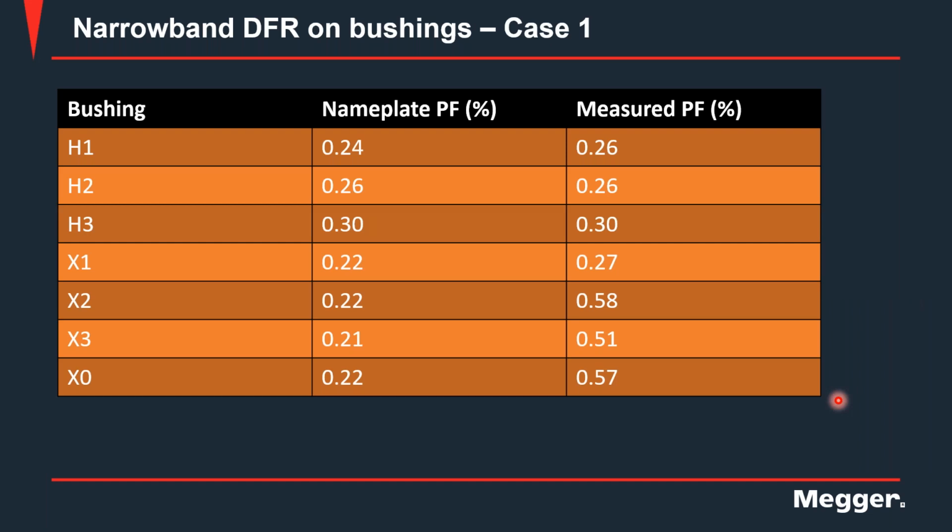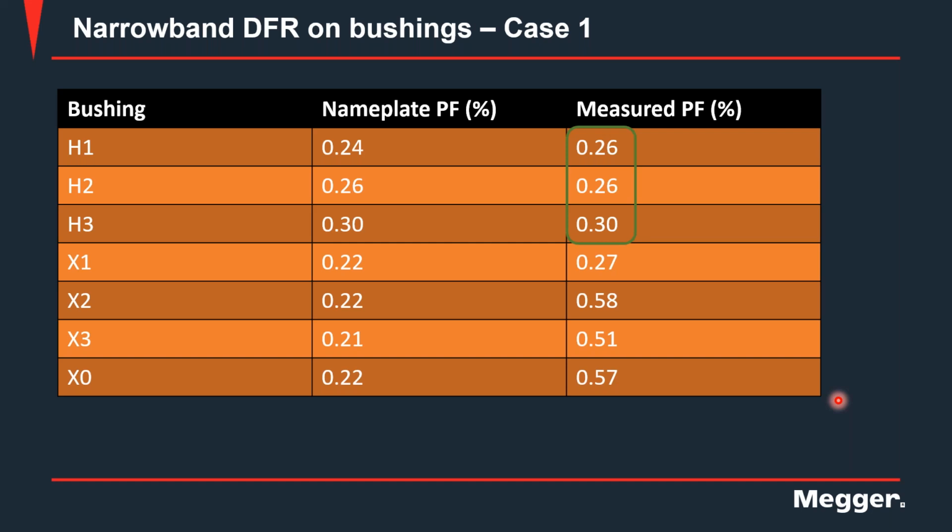DFR or narrowband DFR has a lot of value, especially when it comes to detecting deterioration in bushings. This case here highlights how narrowband DFR works. This is the case of a transformer which was tested, and we saw different stages of deterioration in the bushings. So here you have no deterioration, pretty much, even though this transformer was old as well.